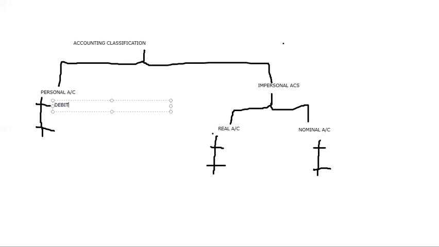What does the debit rule say? The debit rule says, when it is related to a person, debit the receiver.